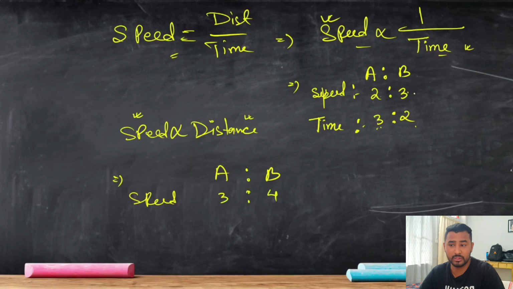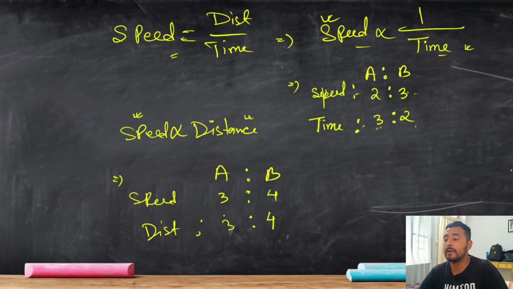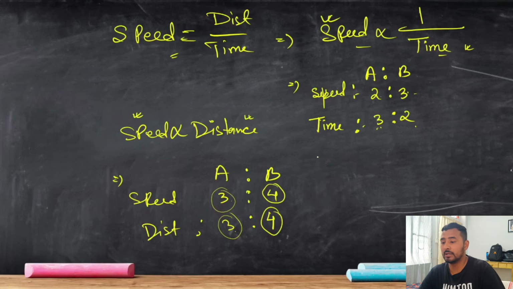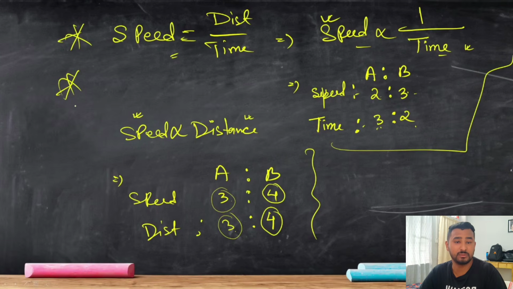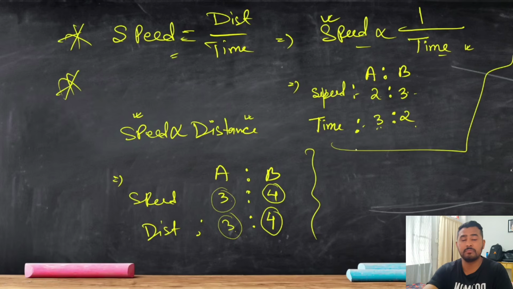Since it is directly proportional, the distance will be covered at the same speed. That is, at 3 km per hour it will cover 3 km, and at 4 km per hour it will cover 4 km, right? So this is some of the important things that you should learn. Usually this doesn't come in our Meghalaya Police exams. So let us start with some questions now.